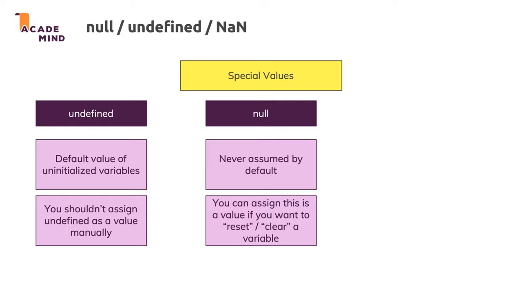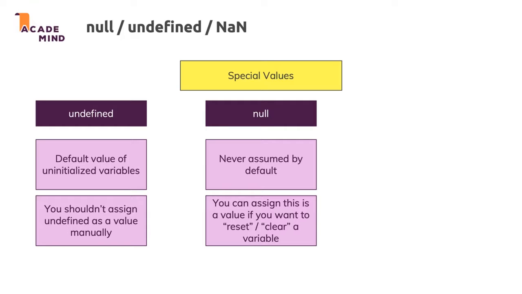And that's often used if you want to reset or clear a variable. Let's say you have some user input and you want to reset this. You could set it to an empty string, but you could also set it to null, for example, to make it clear in your program that there currently shouldn't be a value because no value has been entered.